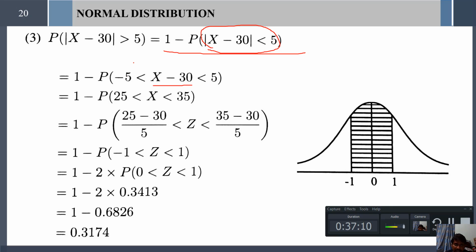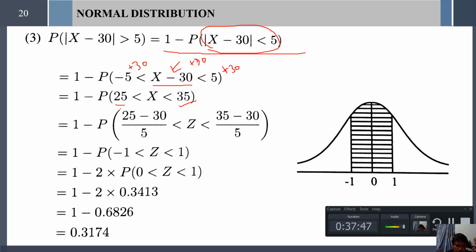And to eliminate this 30, we simply add 30 here, and here also, and here also 30. Now adding these values, we get minus 30 minus 5, that is 25, and x minus 30 plus 30 is x only, and 5 plus 30 is 35.